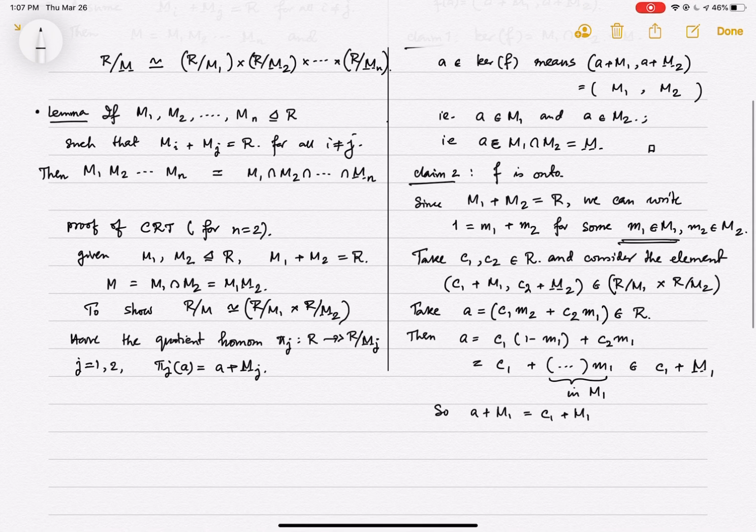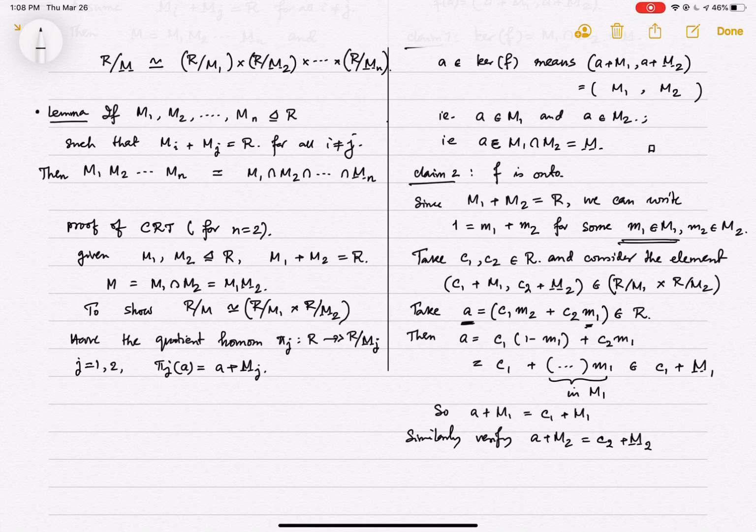Similarly, exactly similarly, you verify that A plus M2 is C2 plus M2. Just take the expression for A up here and write m1 as 1 minus m2.